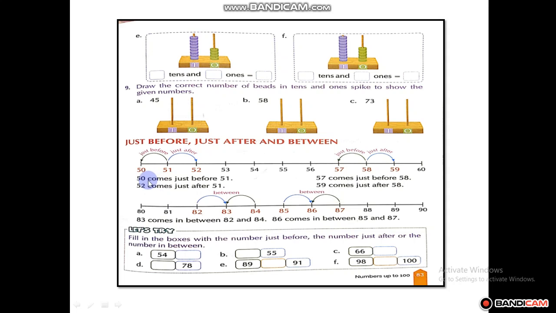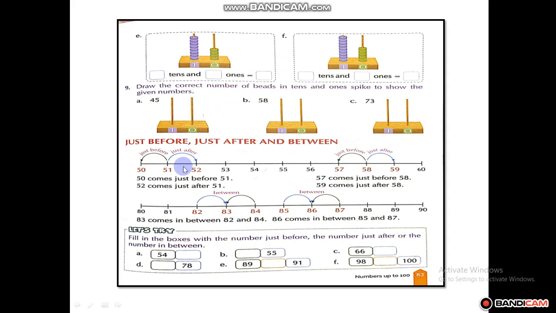So children, here 50 comes just before 51. Clear? Before 51. And 52 comes after 51. Clear?